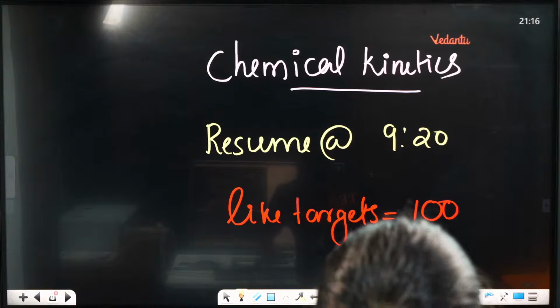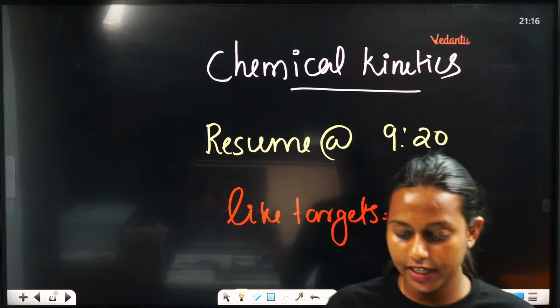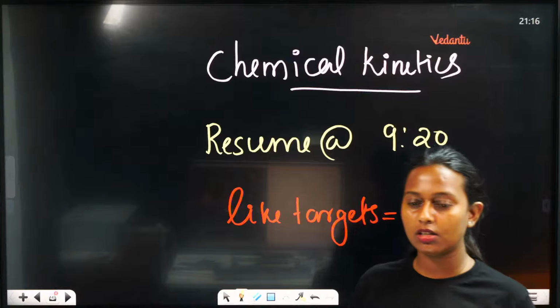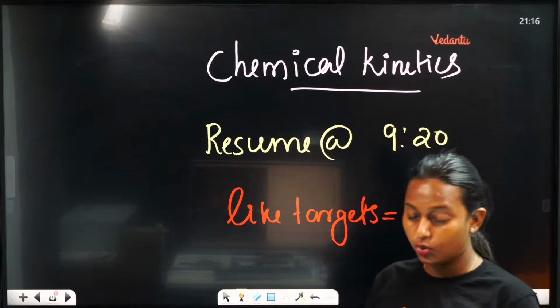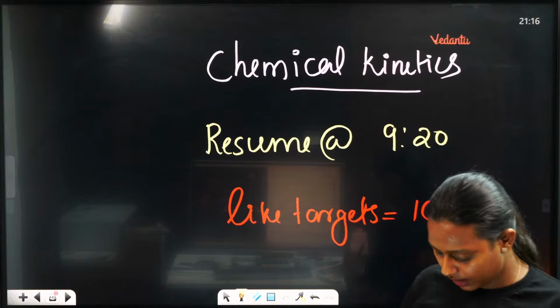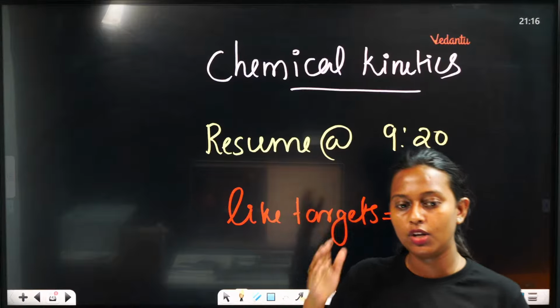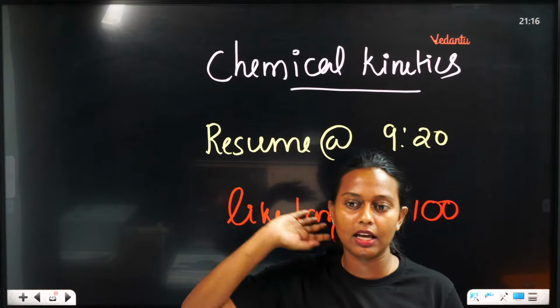So students, chemical kinetics I will take another day, because I need a maximum of 2 hours, 2.5 hours to cover it. So I will take this on another day.